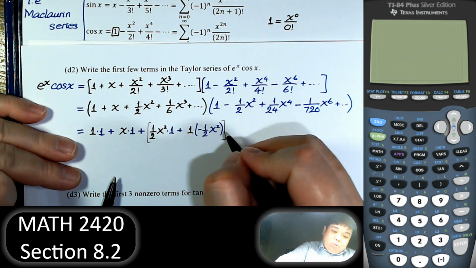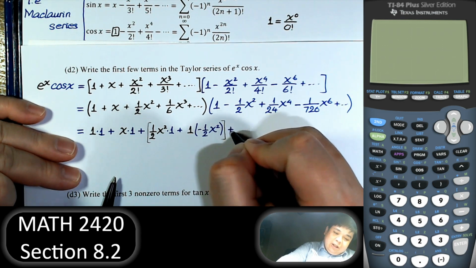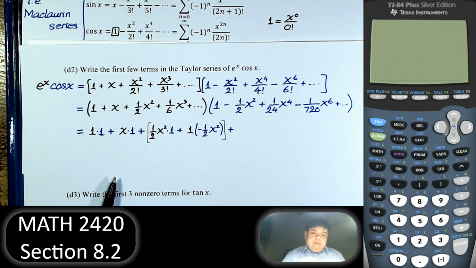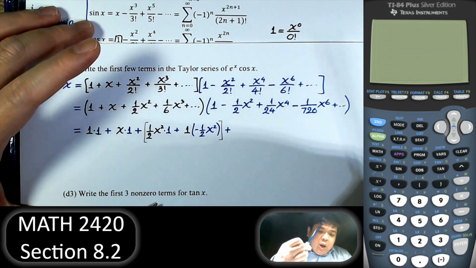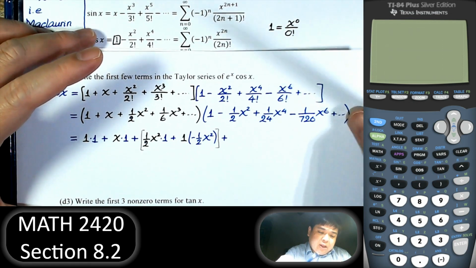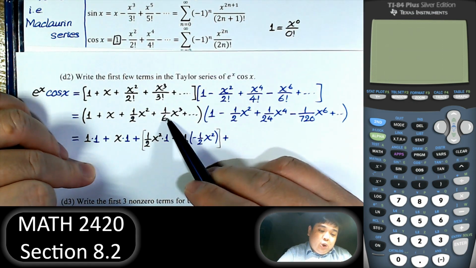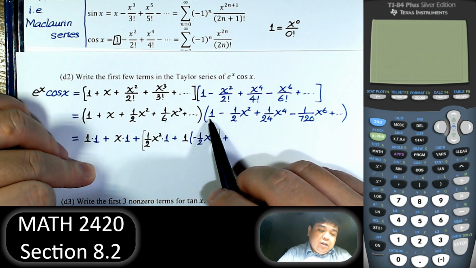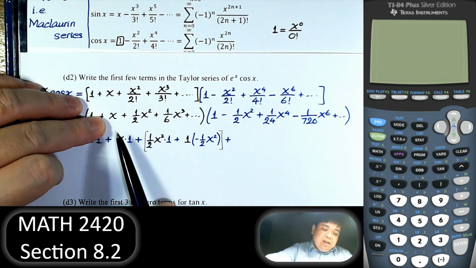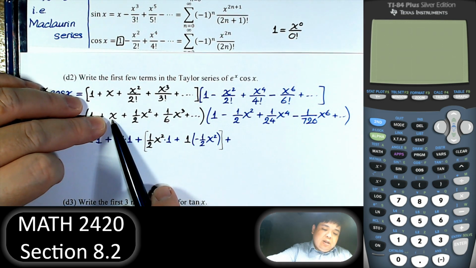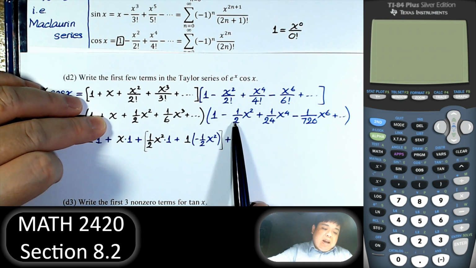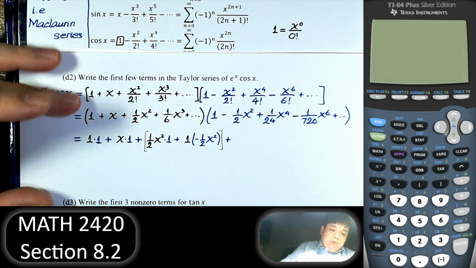Next, how about x cubed? How do we get x cubed? To get x cubed, we can take this x cubed multiplied by 1, right? Actually, we just look for the first one.